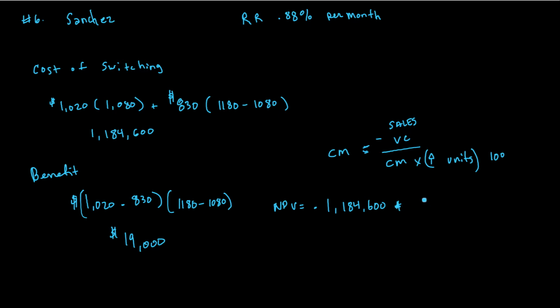By the way, it's a plus sign. 19,000 divided by my required return, which they tell us is 0.0088, or 0.88% per month, which is what we had up there. Take it out 2 decimal places. That's why we have the 0.0088. So our NPV of switching is 974,490.91.